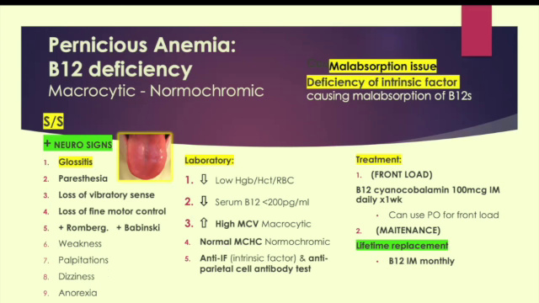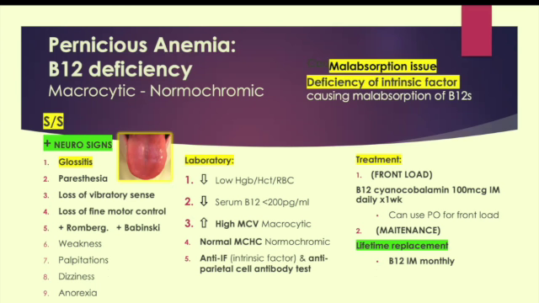Labs will show you a low H&H. You will have a low serum B12, which should be less than 200, and then you have a high MCV, which makes it macrocytic, and a normal MCHC, which makes it normochromic.